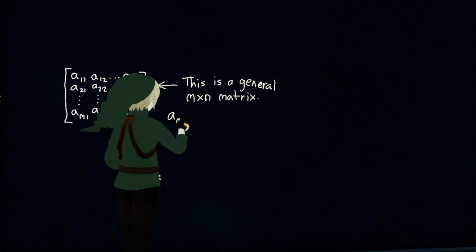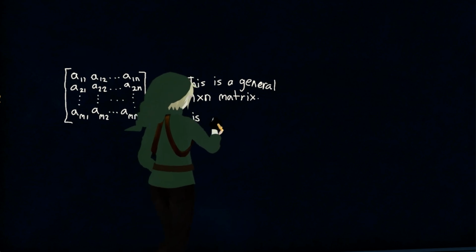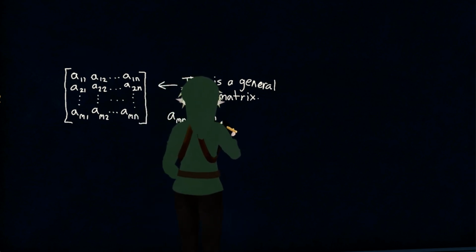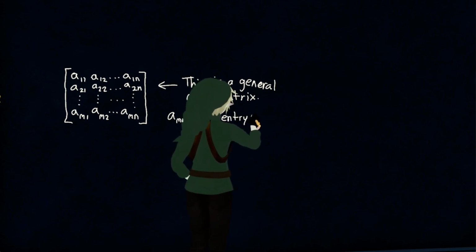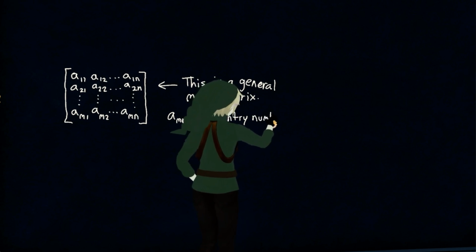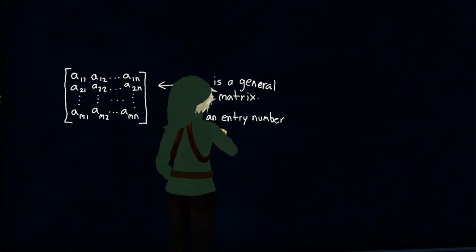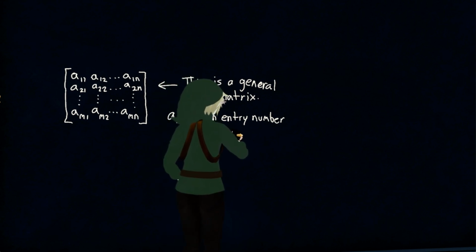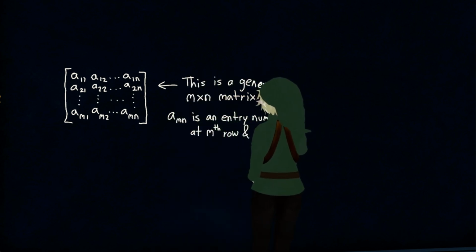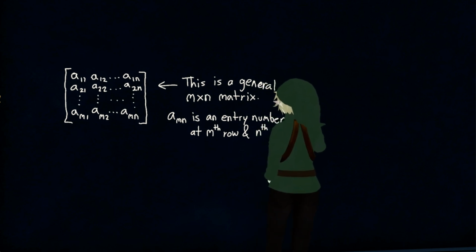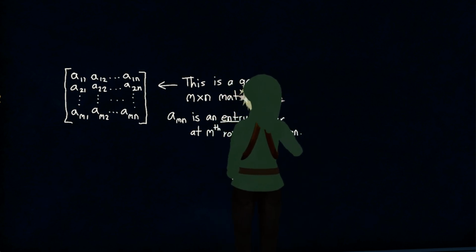a_mn is an entry, a number at the mth row and nth column. That's all that is.